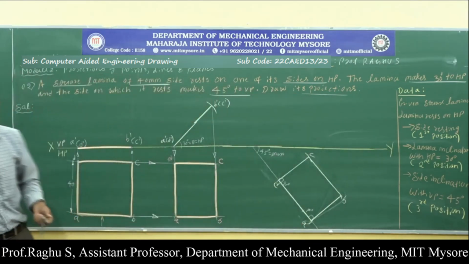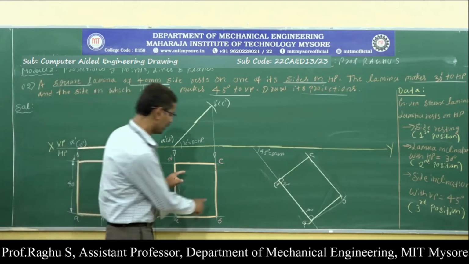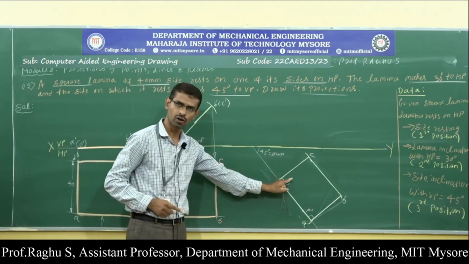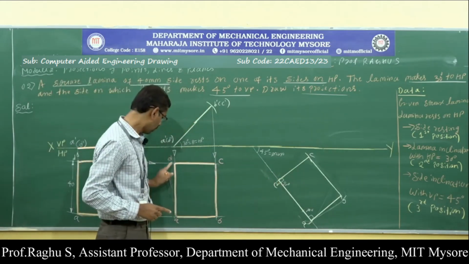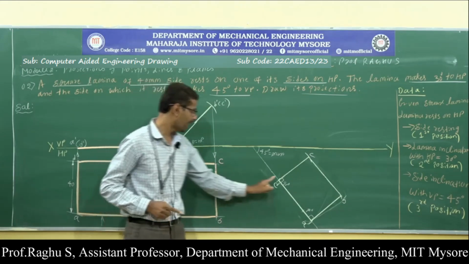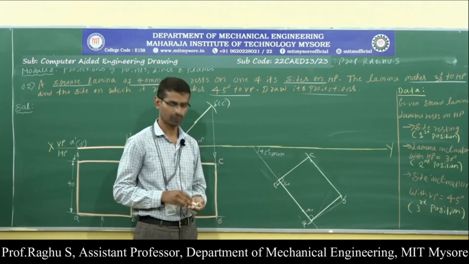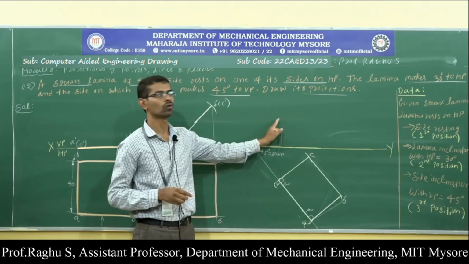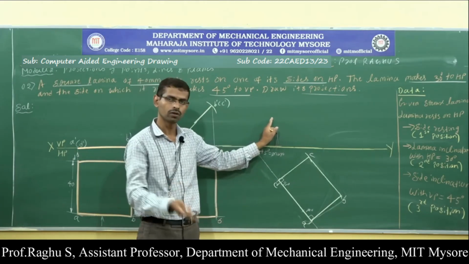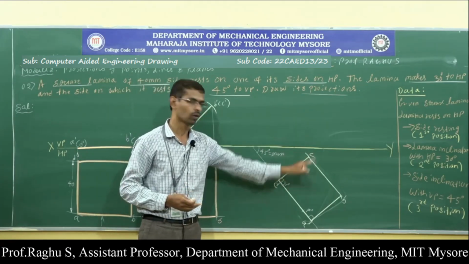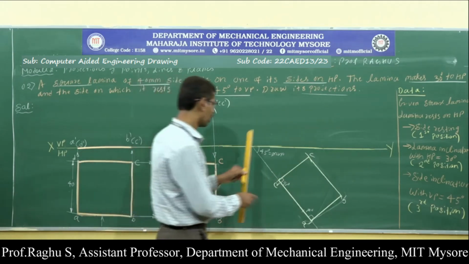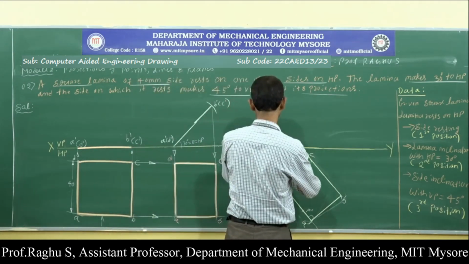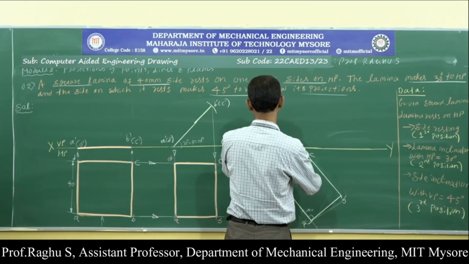Here I have just redrawn this lamina by placing the edge DA on the 45 degree line. Next, to get the final front view, draw vertical upward projections from all the corners. Next, draw vertical projections.